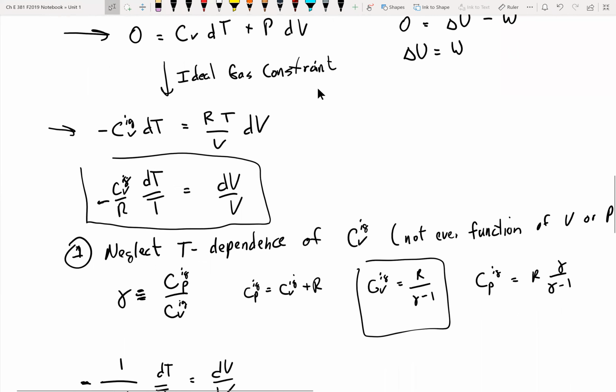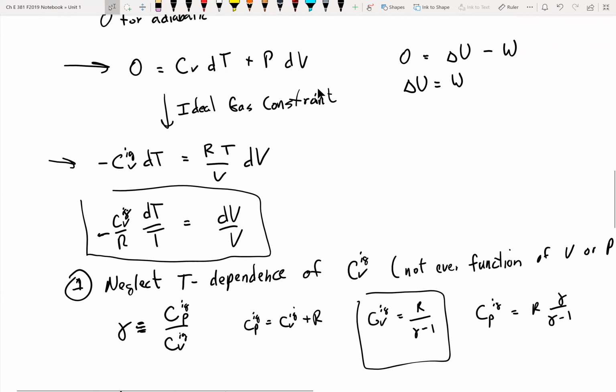And one of the first places we get is this expression right here, which once you turn it into the ideal gas system, you get an easy substitution for pressure. And now you've got a 2 variable system that can be directly integrated.